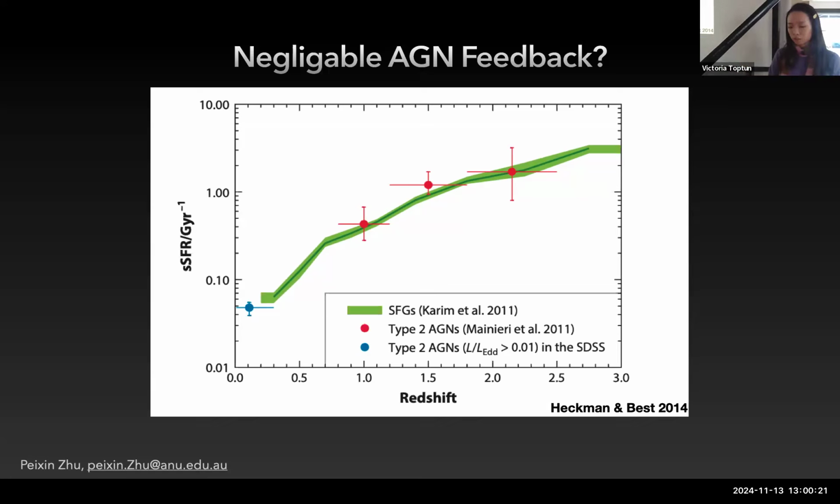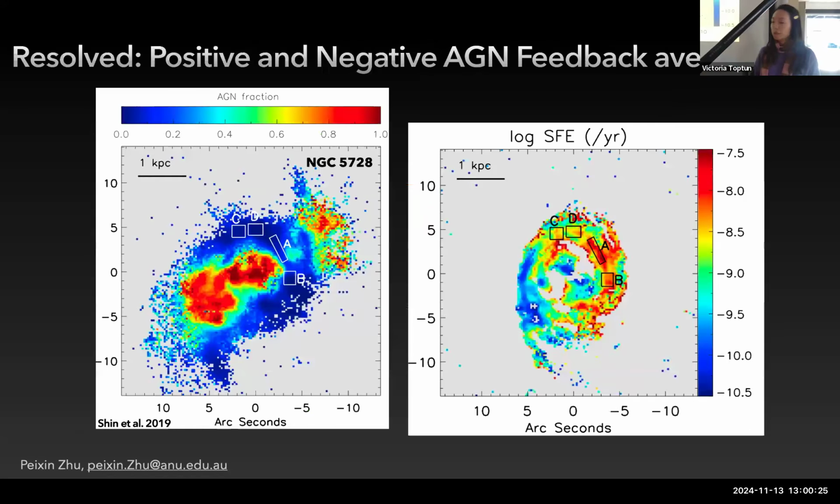an overall negligible phenomenon? But in a more resolved manner, when we try to resolve single galaxies, there are literature claims that both positive and negative feedback are present in one single galaxy. This is an example on NGC 5728, a very nearby low-redshift galaxy.